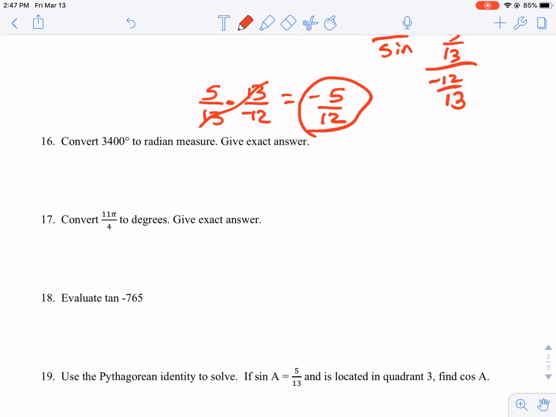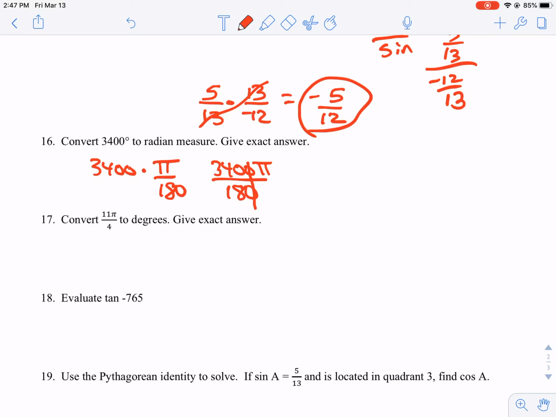Convert 3400 degrees to a radian measure. So degrees to radians means multiply by pi over 180. So we end up with 3400 pi over 180. Exact answer means the pi stays. I can knock off these zeros by dividing them both by 10.